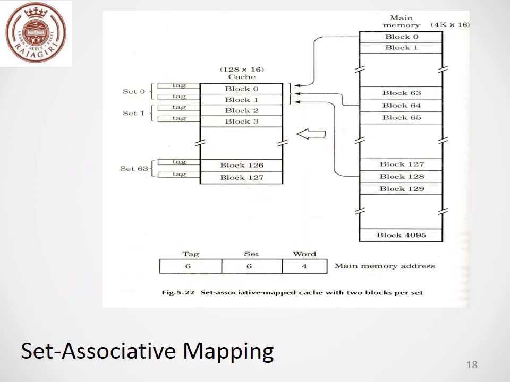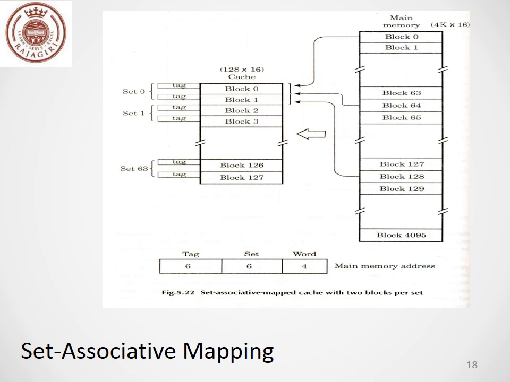This is a diagrammatic representation of set associative mapping. In this we have a two-way set associative mapping. That is, the number of blocks involved in a particular set is 2. Here the main memory block 0, block 64, block 128, etc. will all be mapped into set 0 of the cache memory.